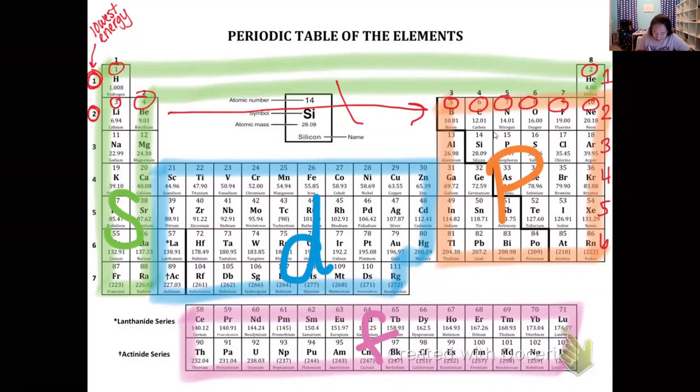Same logic applies to 11 and 12. Where do 11 and 12 live? Well, let's look. They live on street 3, energy level 3, in the tiny s house. On the next street over, there is a tiny s house called 3s, okay? Then where do 13, 14, 15, 16, 17, and 18 live?